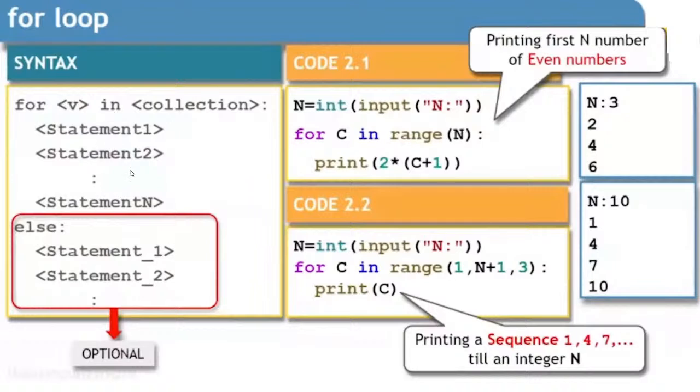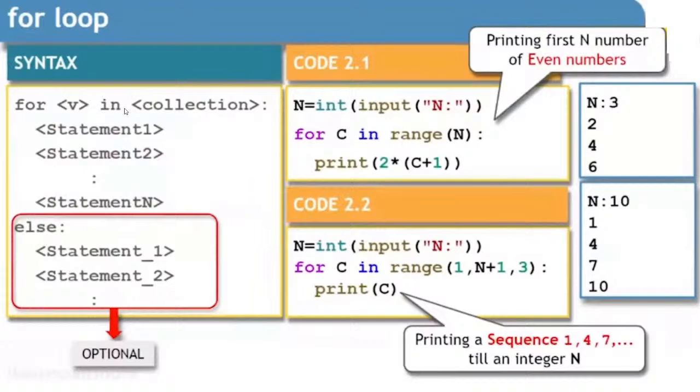So as soon as this identifier satisfies the conditions of the collection, it keeps on executing or repeating the segment, and as soon as the value of this identifier goes beyond the collection, it comes to the else statement. Meaning, if all this is false, then it comes to else statement.